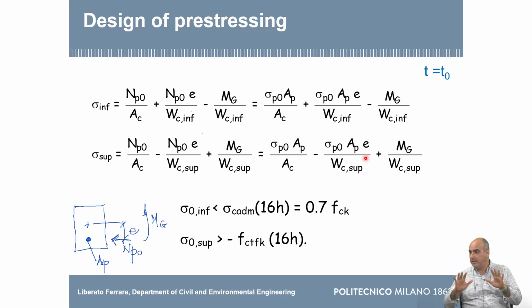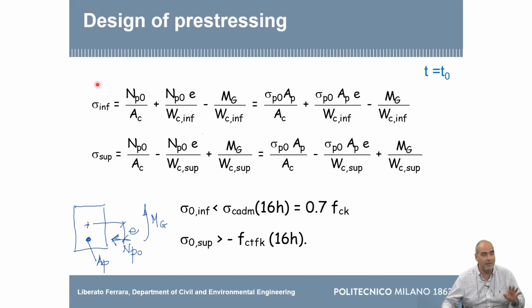That is the first check that you have to make, because if you have fewer equations than unknowns, you don't know how to solve it. And if you have more equations than unknowns, your problem risks having more solutions and not being well posed. So you have two equations and two unknowns.